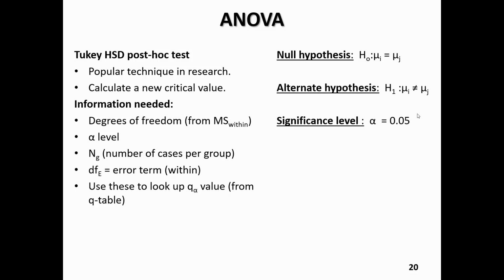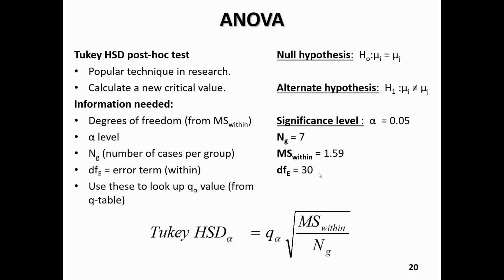We use the 0.05. We had 7 cases per group. Recall that our mean square within term was 1.59, so we're going to carry forward with that. And our degrees of freedom for the error term was 30.